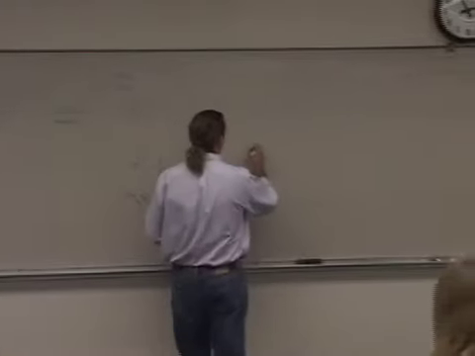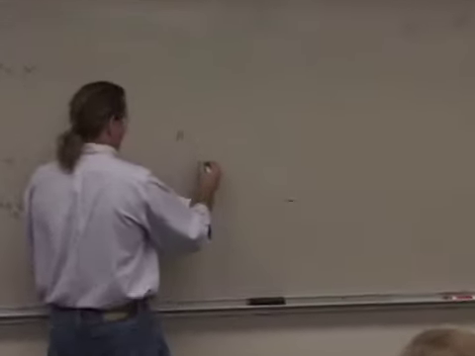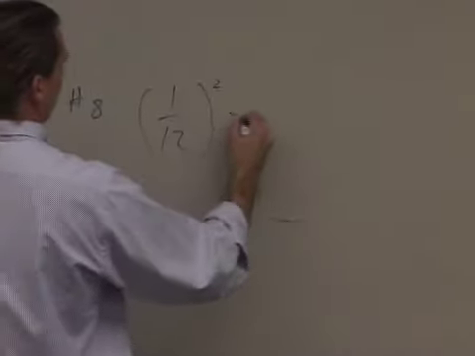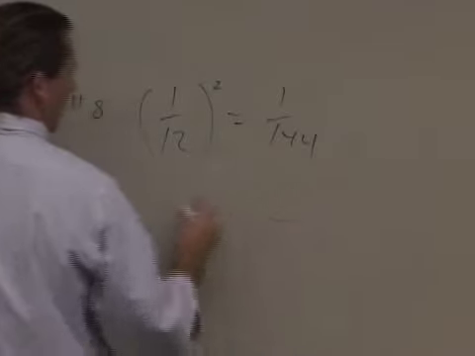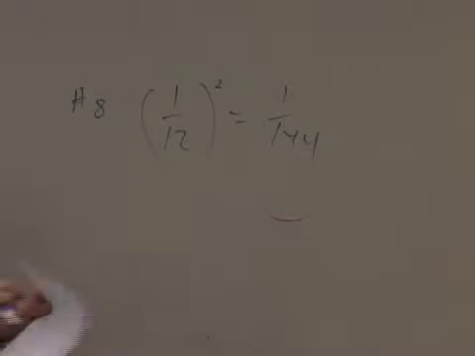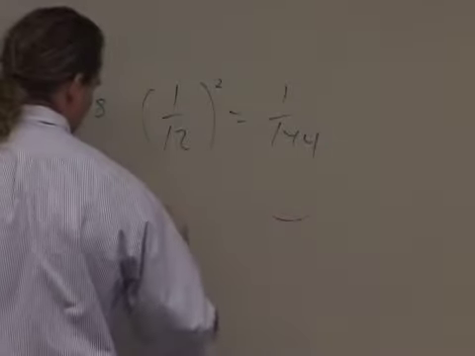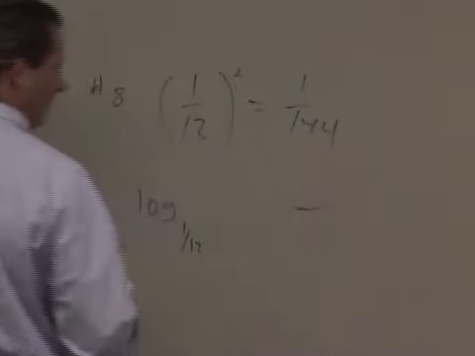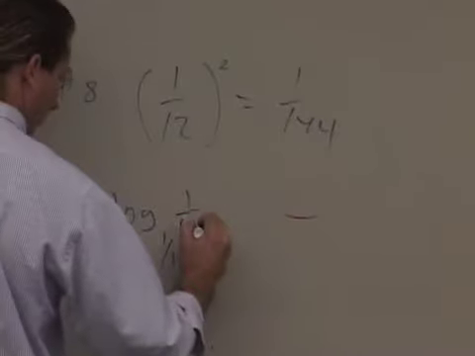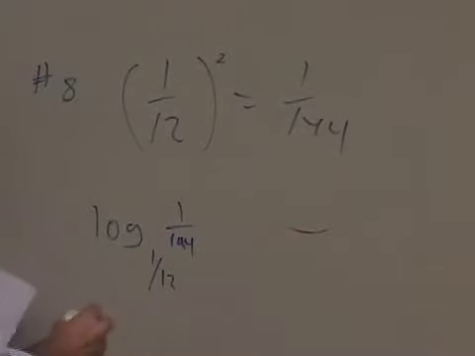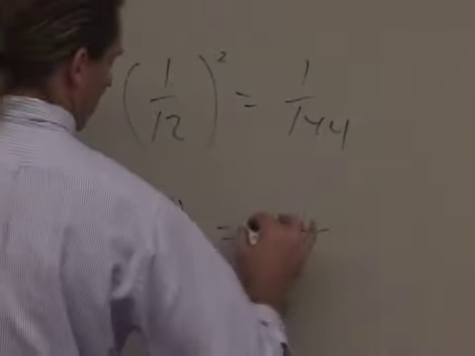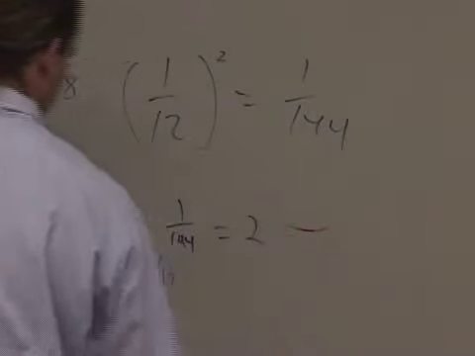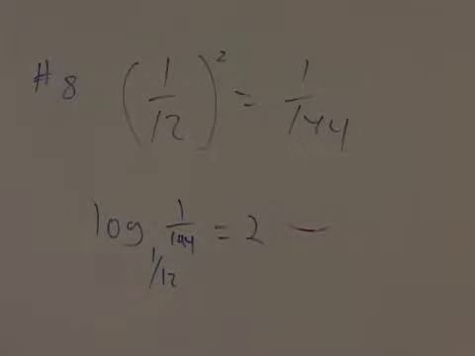Number 8. 1/12 raised to the second power equals 1/144. That is a true statement, obviously, but we can change this. And what is the base? 1/12 of 1/144 is equal to. That should be a negative, right? No, sorry. No, it's true. It's right.